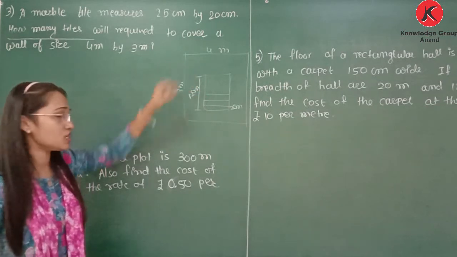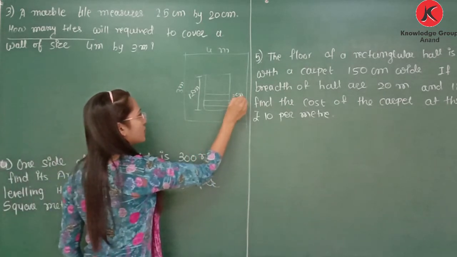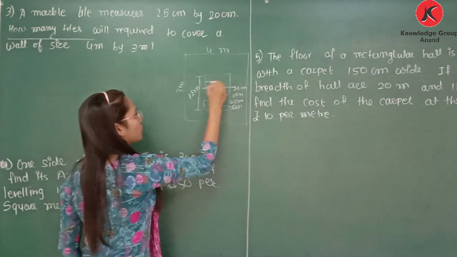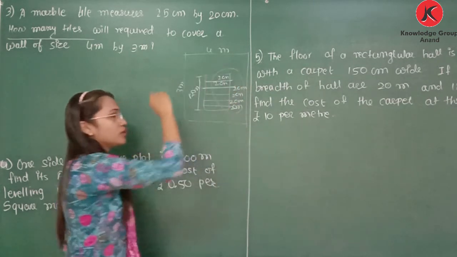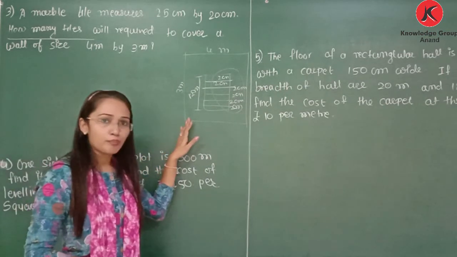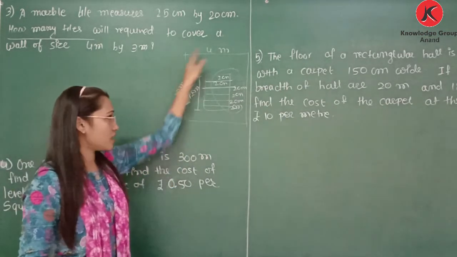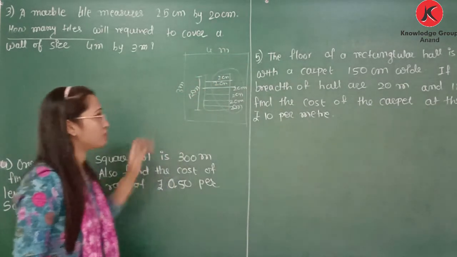So how many biscuits will fit in the box? 2 centimeter, 2 centimeter, 2 centimeter, 2 centimeter, 2 centimeter, 2 centimeter. So in total 6 biscuits we can place in the box. Similarly, we need to find the number of tiles by finding the area of the room divided by the area of one tile. So let's find.